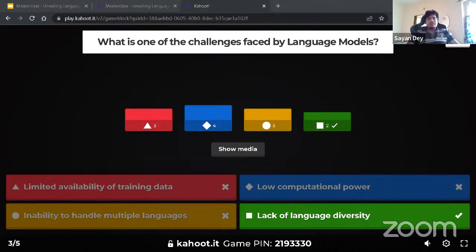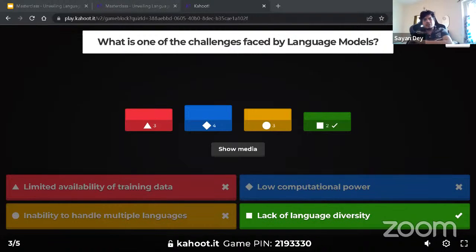We talked about this right at the end of the session today. What are some of the challenges faced by language models? Low computation power is not exactly a challenge, because we do have enough computation power today. Limited availability of training data is not a challenge in today's world either, because we have enough data available. So data and computation are not the challenge today. So definitely not one and two. Again it's a little between three and four.